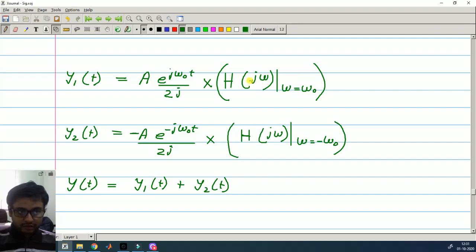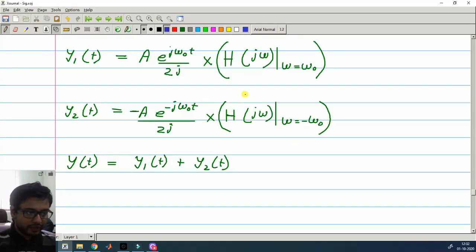So this input signal is multiplied by this complex number. Therefore, both the magnitude and the phase of the input signal may get changed.